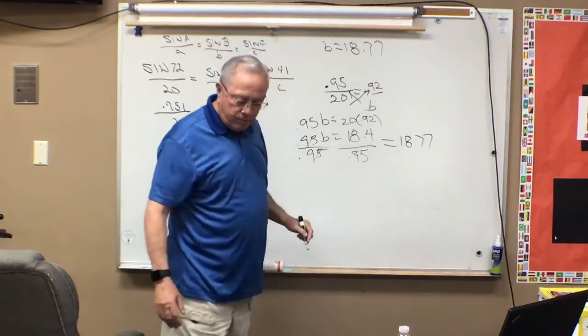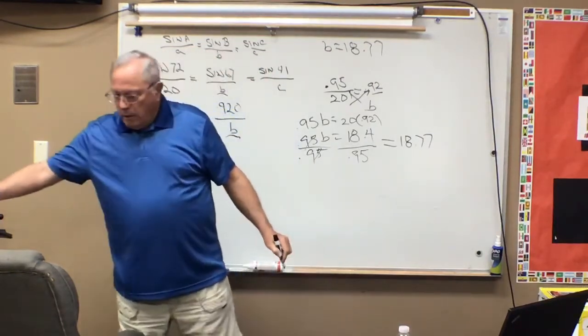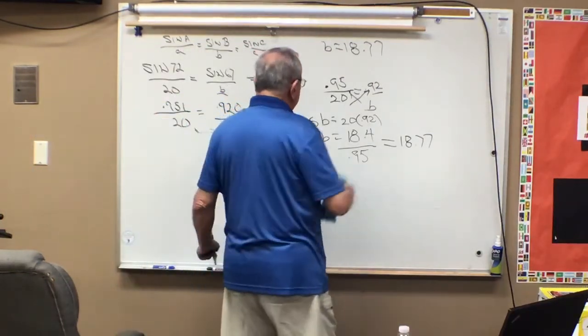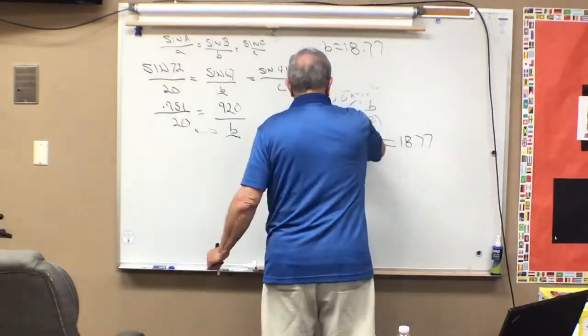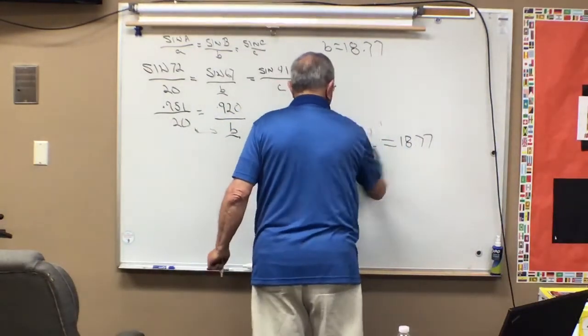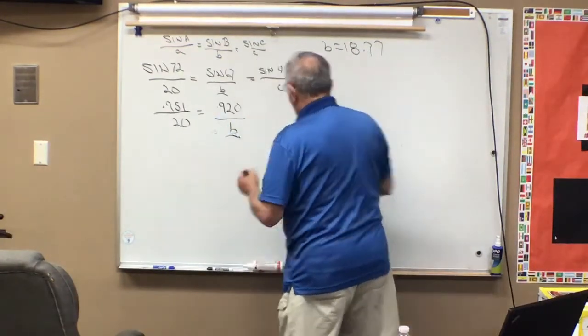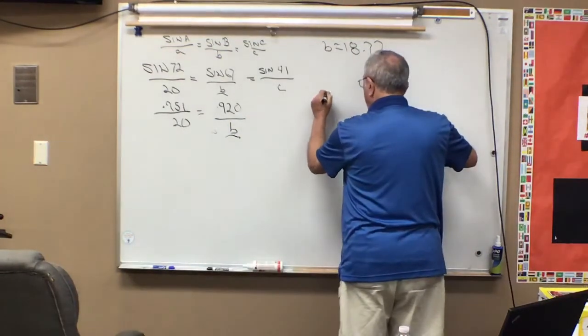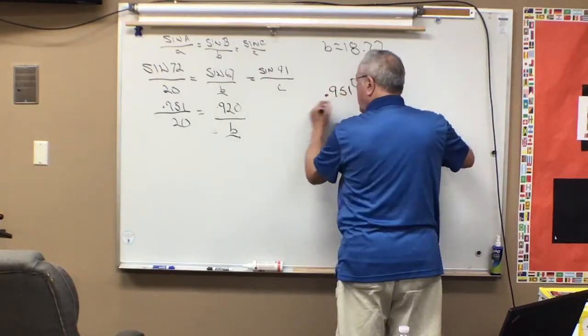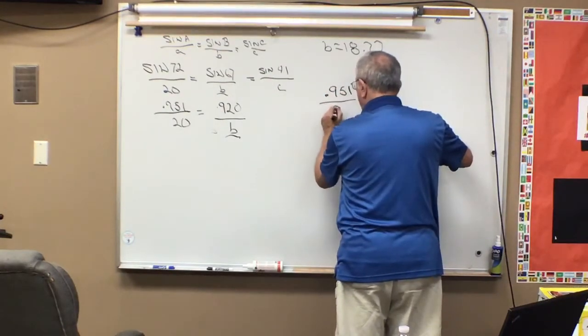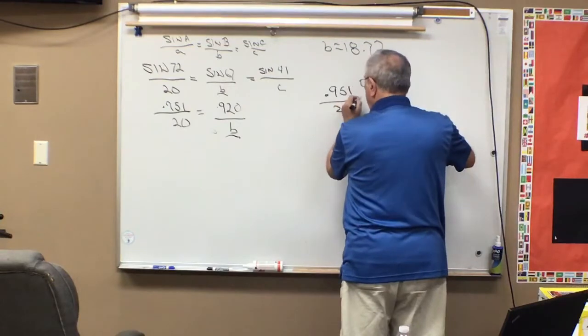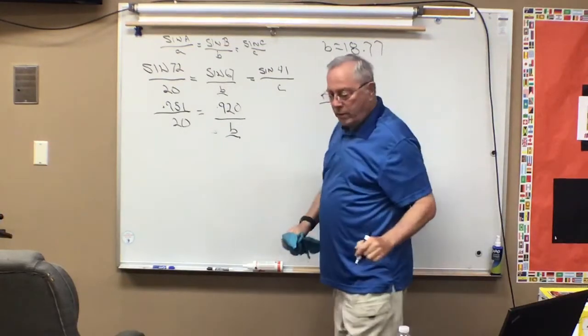So let's set this up. It's going to be 0.951 divided by 20. And that equals, what's the sine of 41 now?